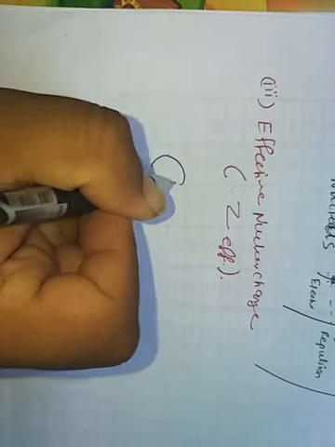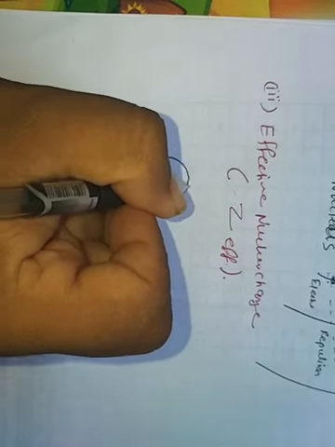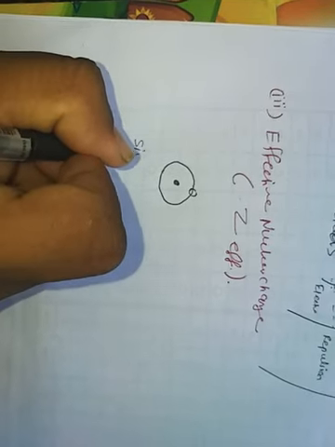Here is an atom with a nucleus and one electron, a single electron system.